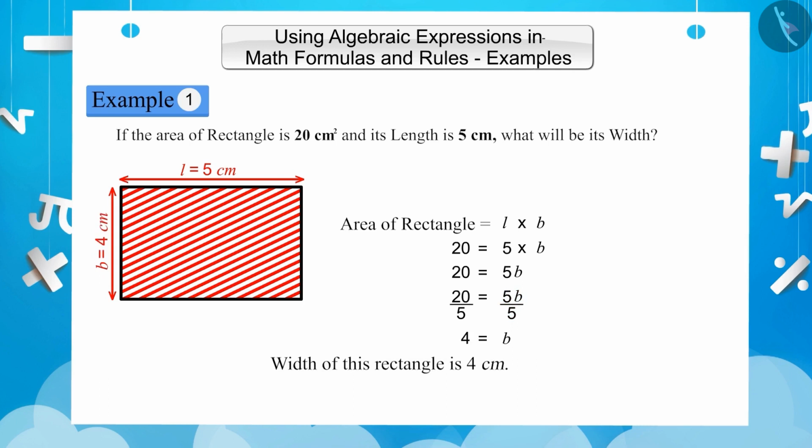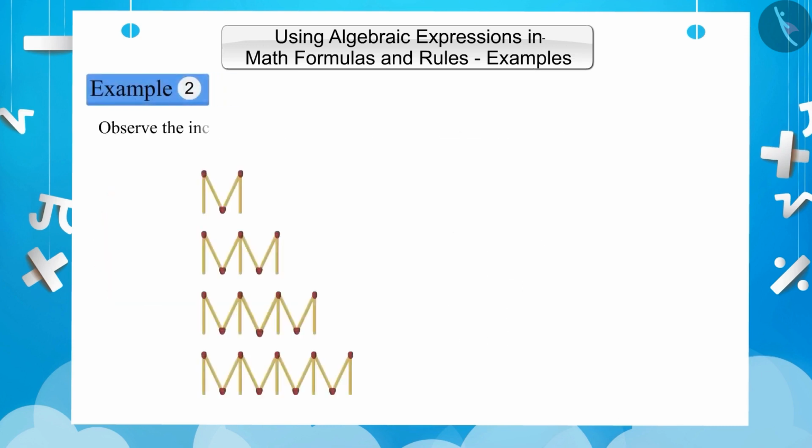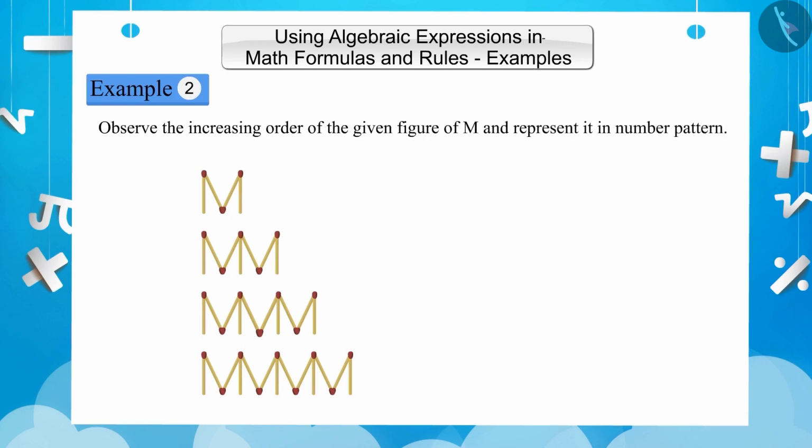Let us now see an example related to the number pattern. Observe the increasing order of the given figure of M and represent it in number pattern. Here, in the given figure of M shape, there are 4 matchsticks in the first figure. But 3 matchsticks are being added to each growing figure.